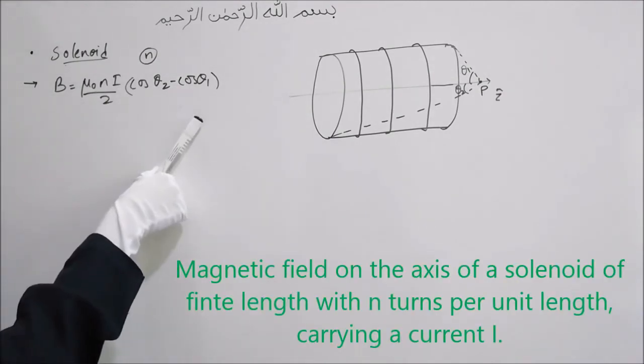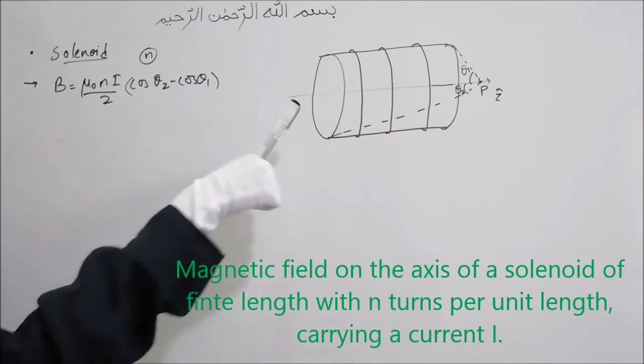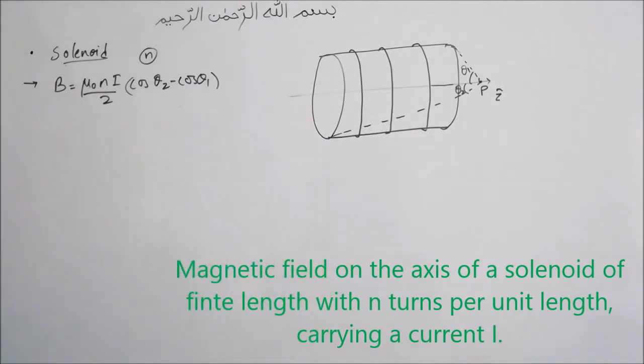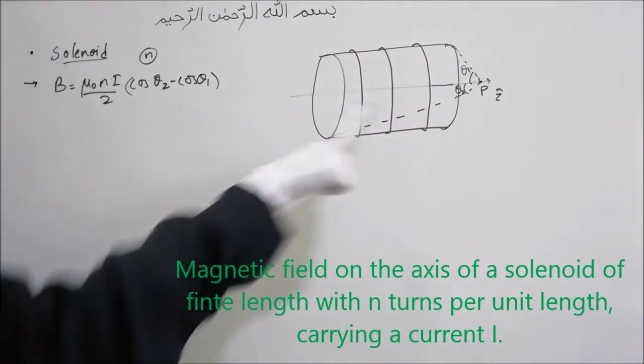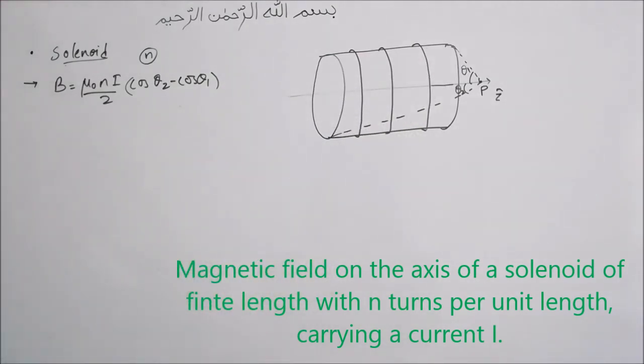This is the magnetic field produced by a finite solenoid with n turns per unit length. Theta 1 is the near angle and theta 2 is the far angle.